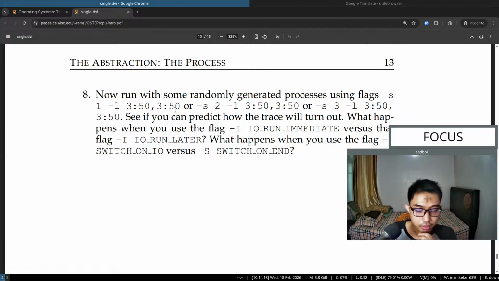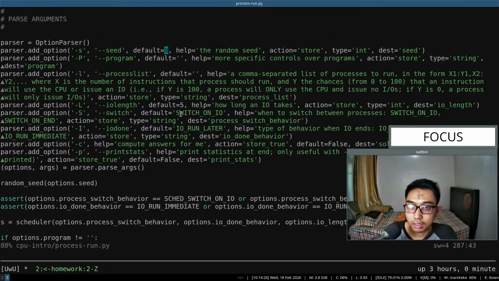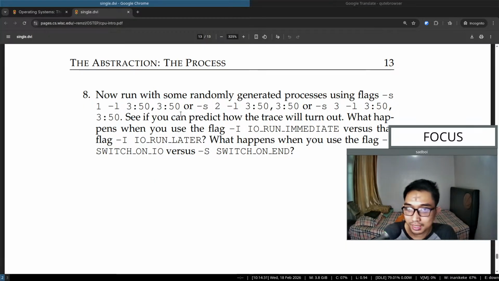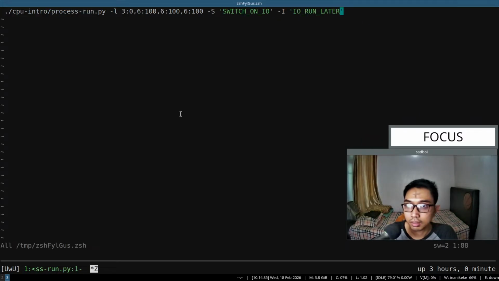If you can predict how the test will turn out. Okay. Can I predict that? I'm not sure. Okay, first thing first. No, not that one.